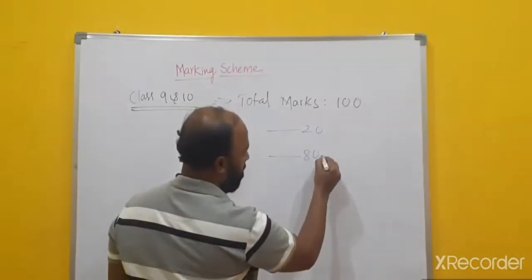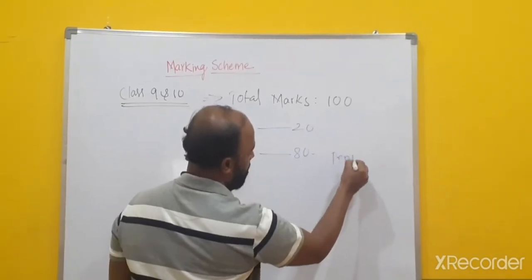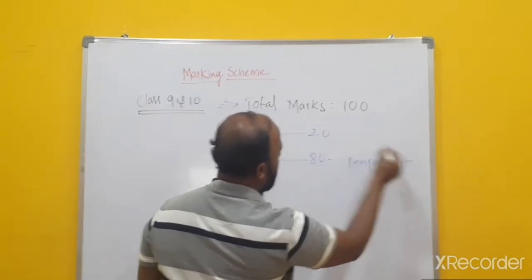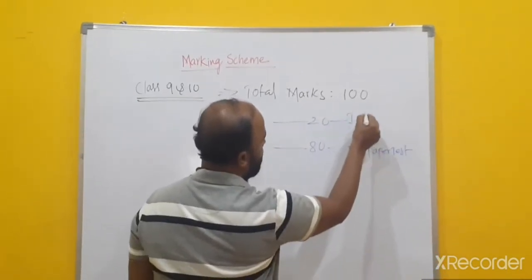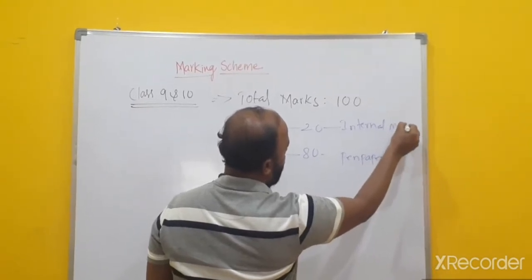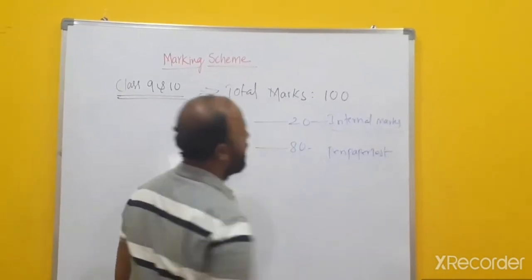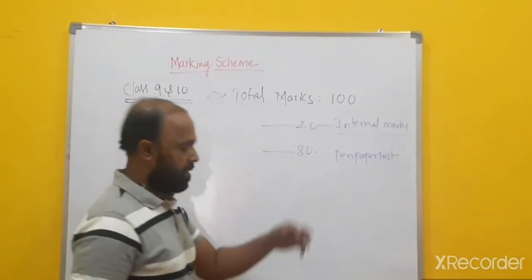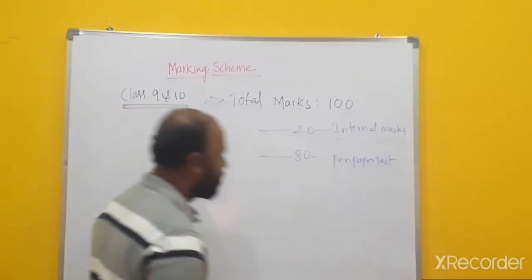The 80 marks is the pen paper test, and the 20 marks is internal marks. The 80-mark pen paper test is again divided like a question paper model.